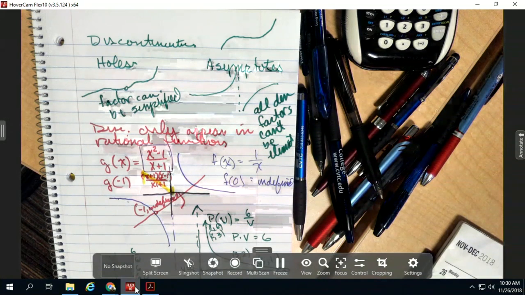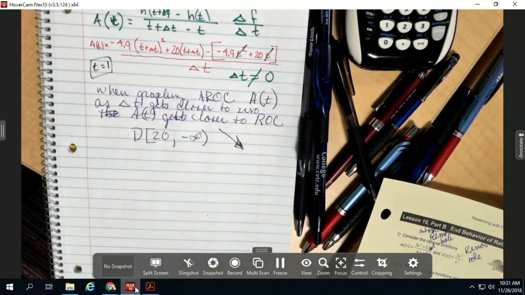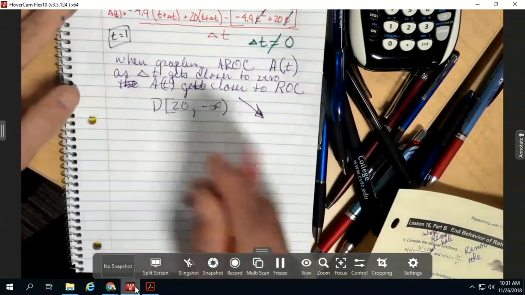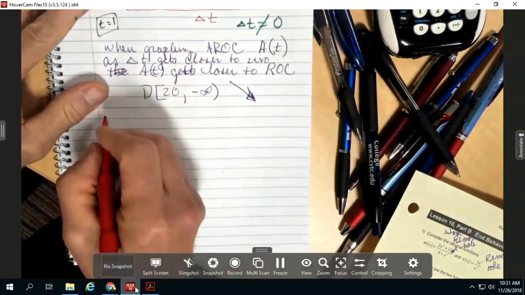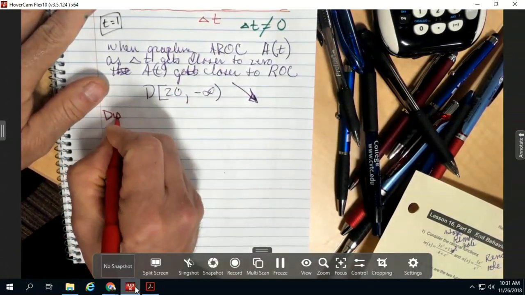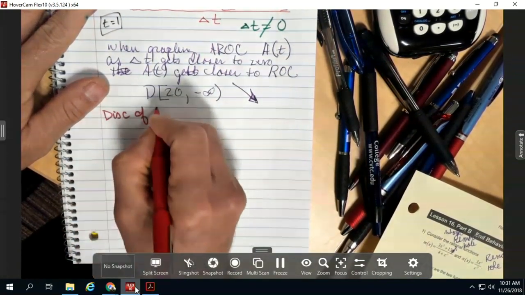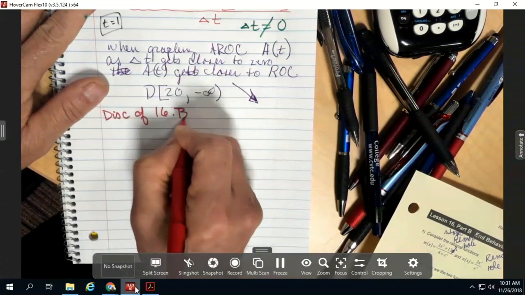Page 229. Let's first talk about the discontinuities of 16b.